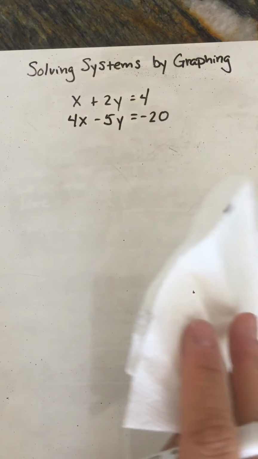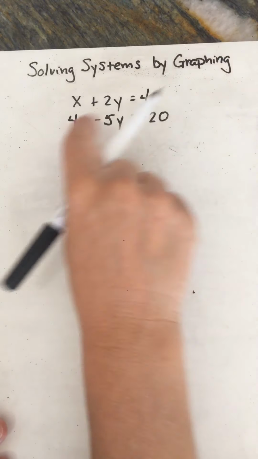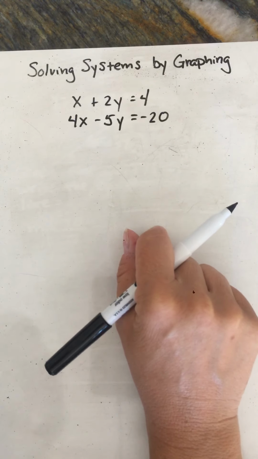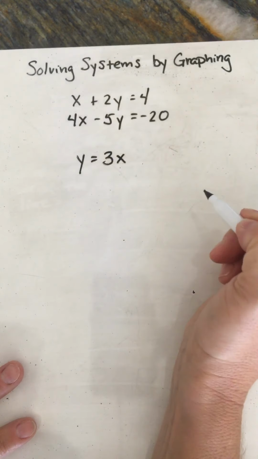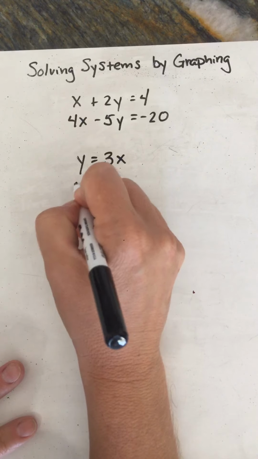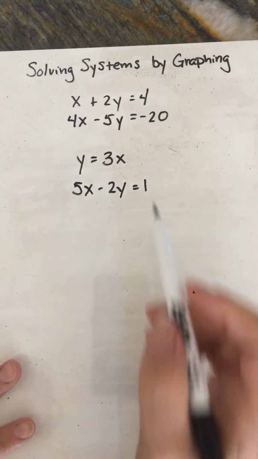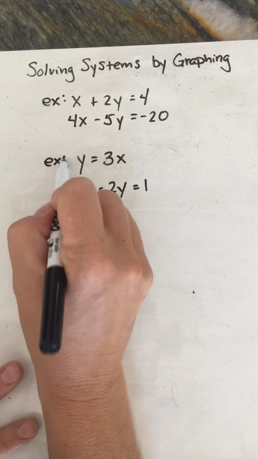So let's do an example where it doesn't work out quite as nicely as this for graphing the x and y intercepts. Let's say y equals 3x and 5x minus 2y equals 1. We're going to figure out where they intersect, or what their solution is.